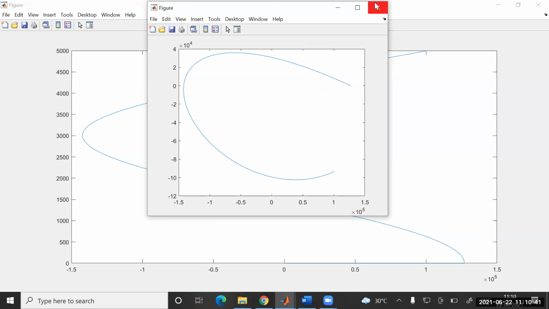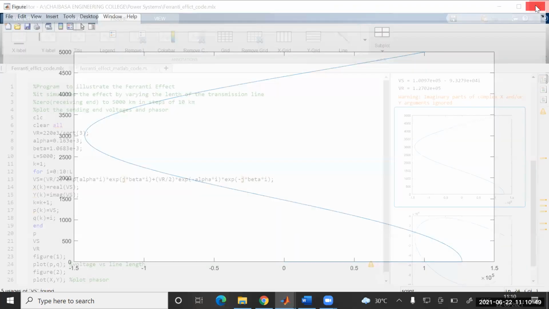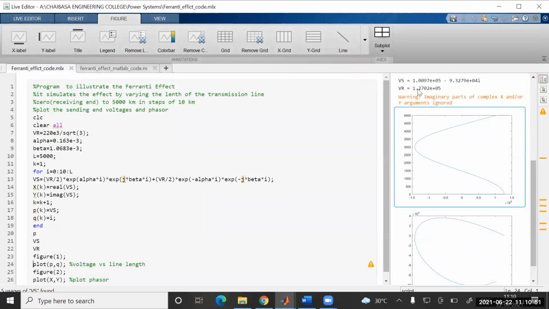Fine. So this was the experiment I wanted to go through with you. We have seen the Ferranti effect, the experiment we have seen in MATLAB, in coding. We have gone through both the methodology and both ways to solve this.